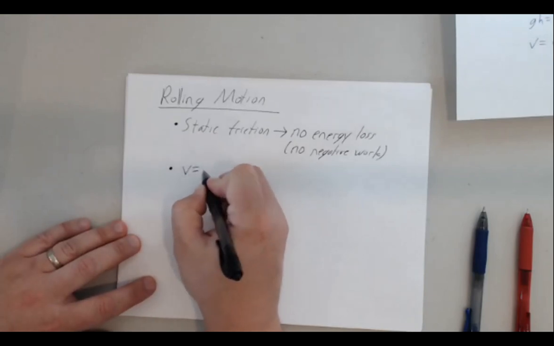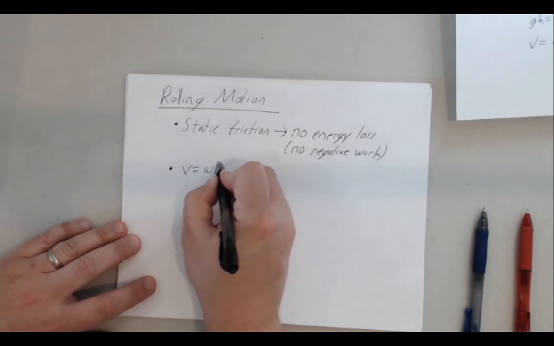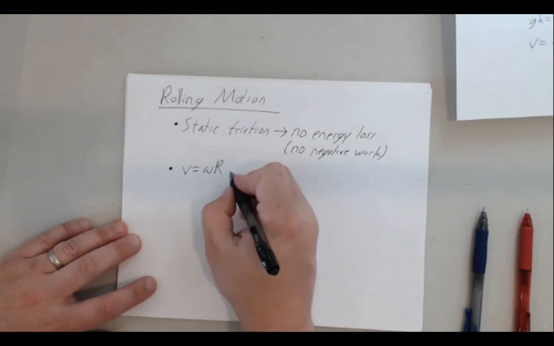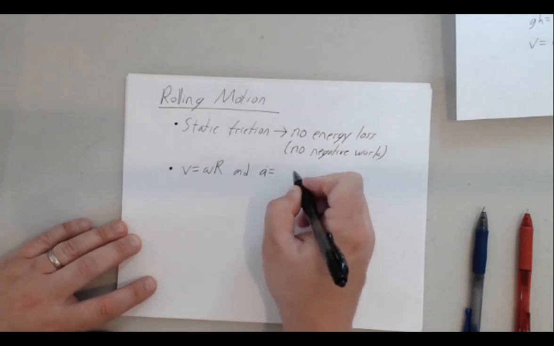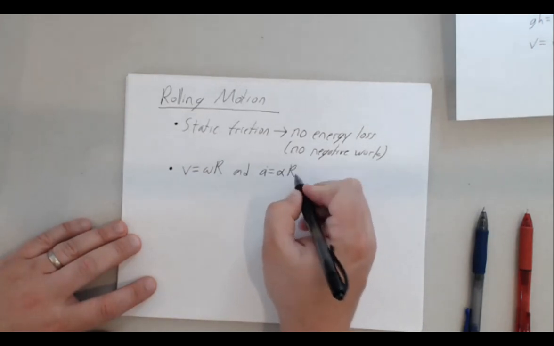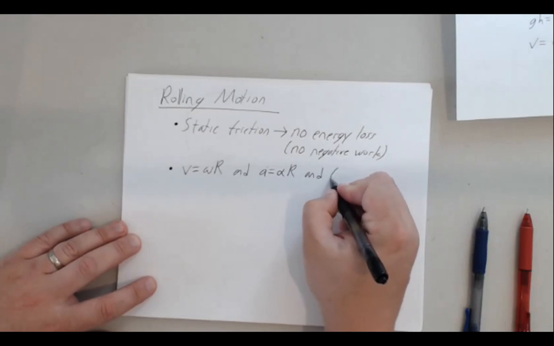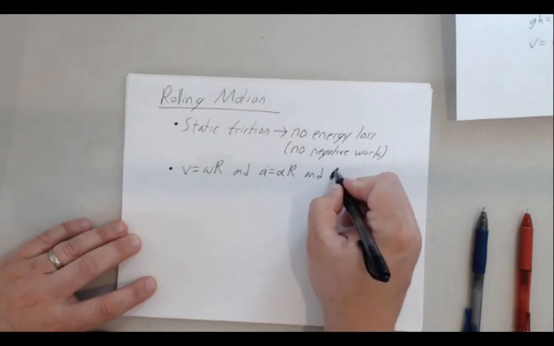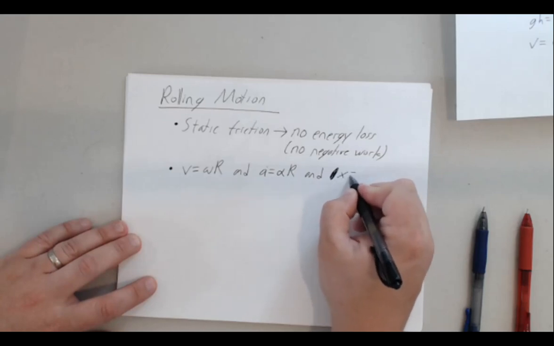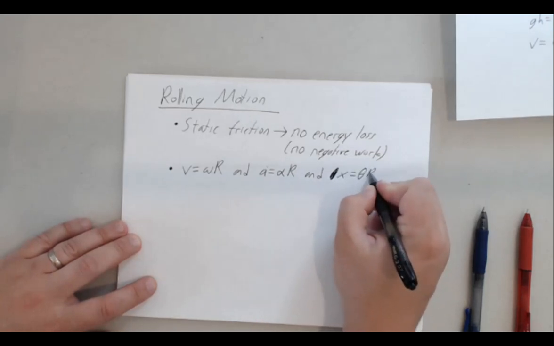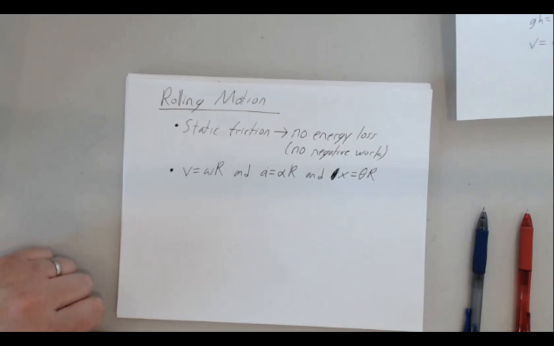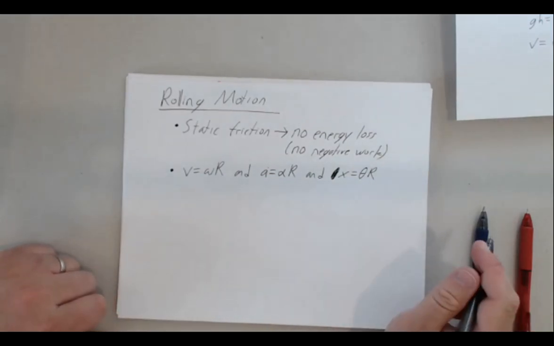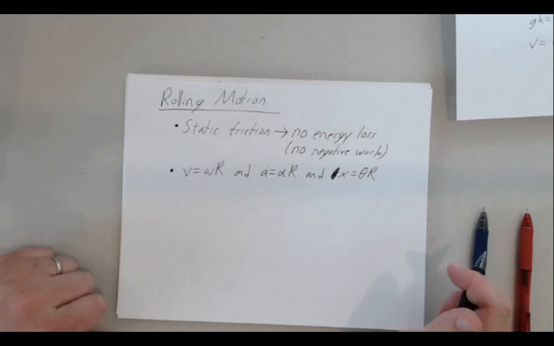Our velocity is just equal to our angular velocity times the radius, and our acceleration is just equal to our angular acceleration times radius, and the distance we travel is just our angle times radius. Okay? So in rolling motion, these things have to be true.